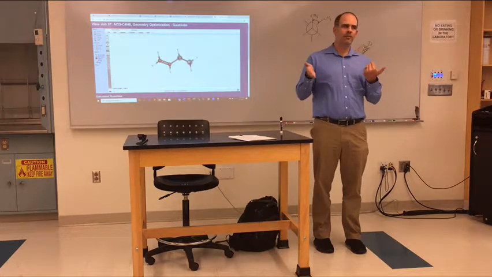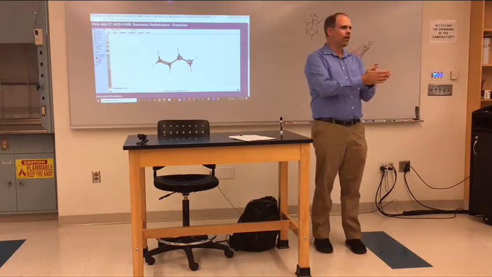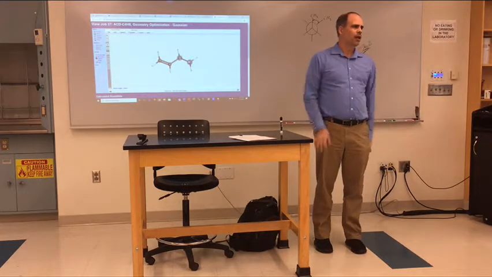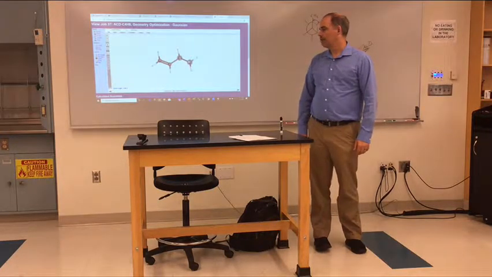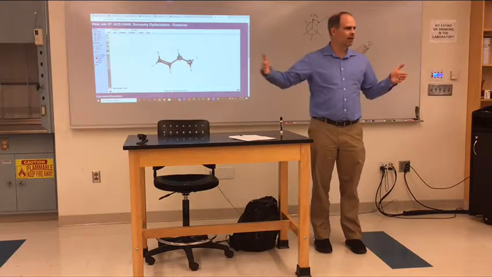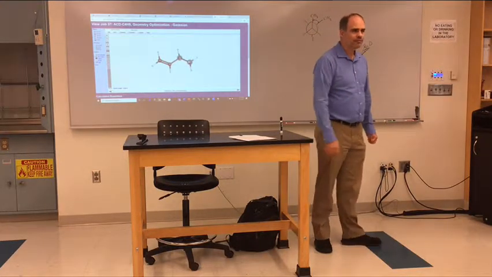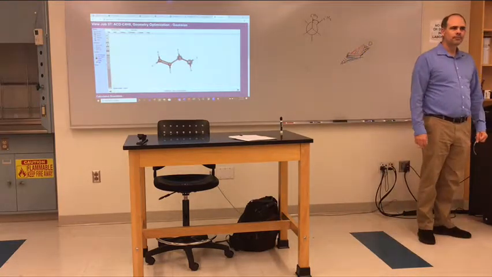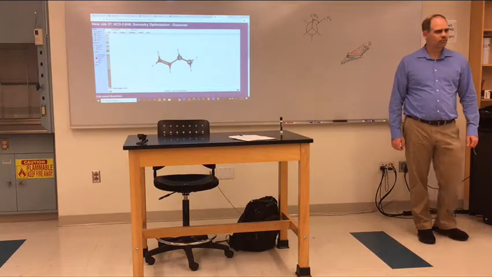It didn't change by all that much, but if we were calculating a really long carbon chain and each one shortened by 0.007 or something like that, it might end up mattering in some way. Yours is 1.538? Yep. Mine is 1.533, it's okay. Yeah, that's fine.